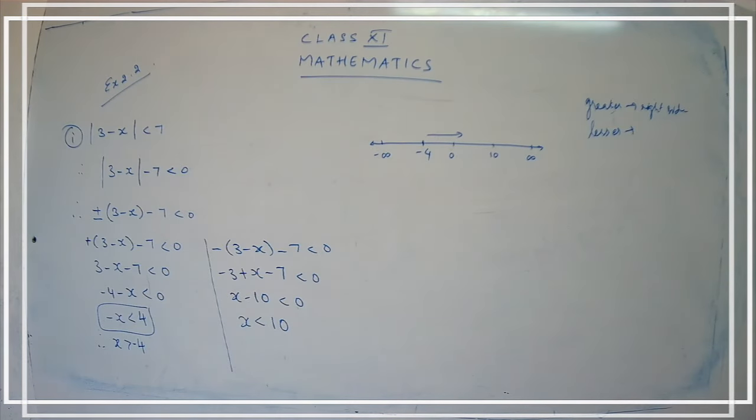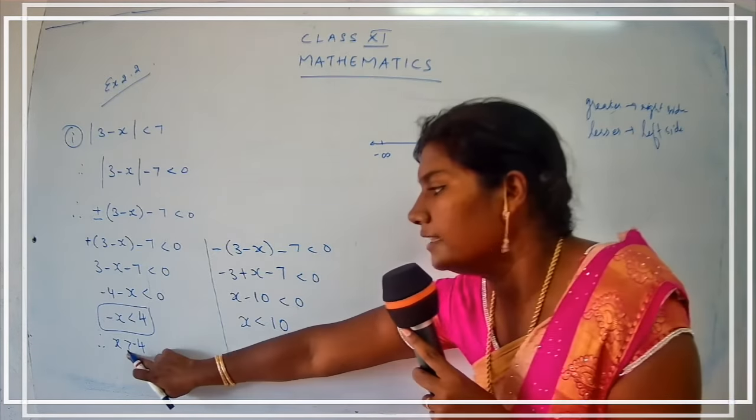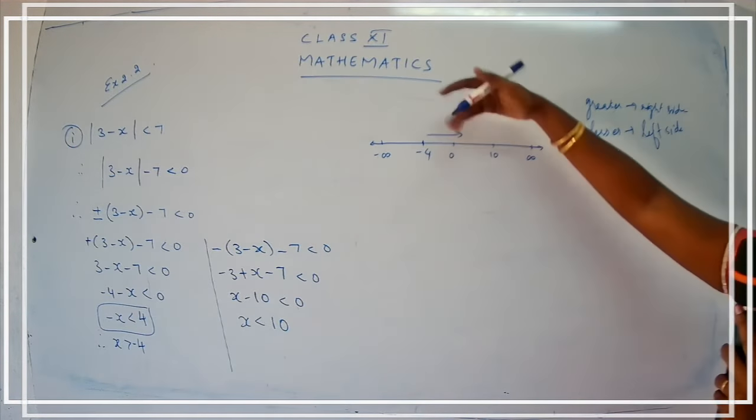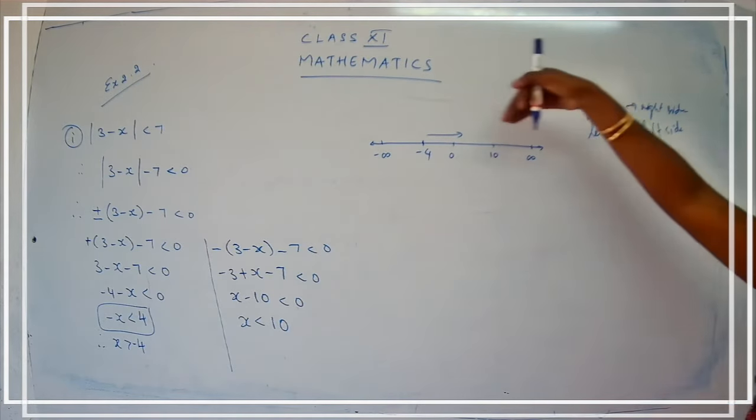When you have greater, in which direction are you going to move? You have to move to the right side, to the positive side. And when you have less than or a lesser number, you have to travel to the left side, to the negative side. So x is greater than minus 4, so you have to move to the right side. I am coming to the right side.